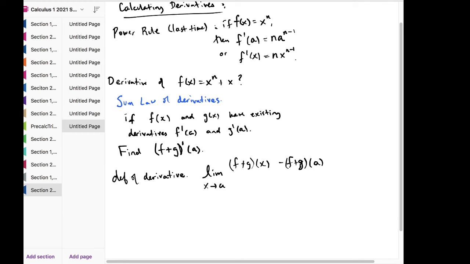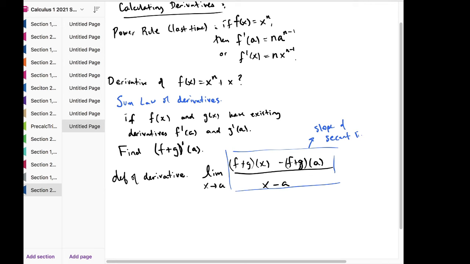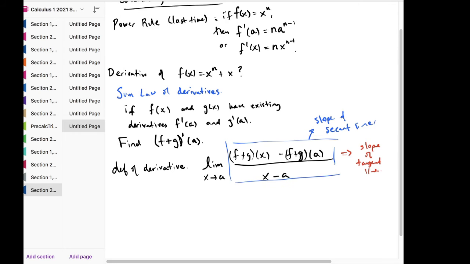These are the secant lines, and then taking the limit of them gives you the slope of the tangent line. Okay, good.